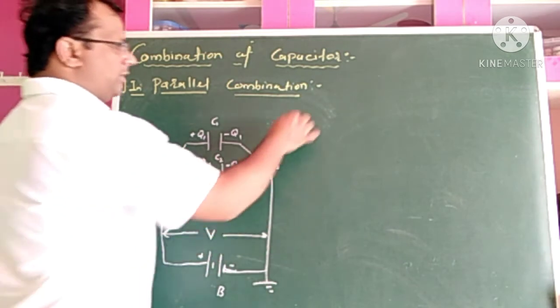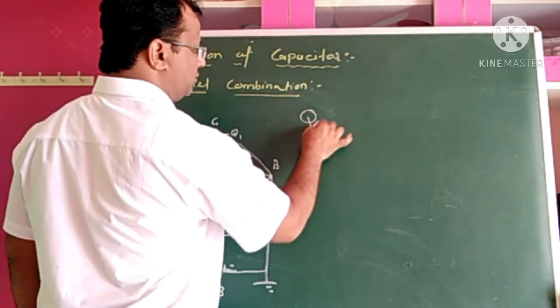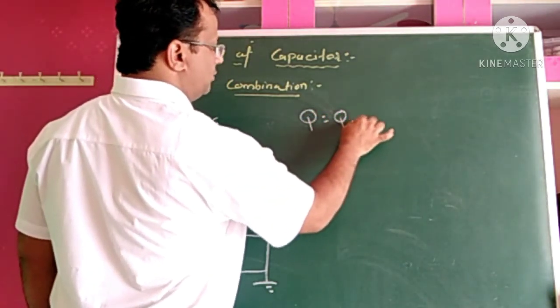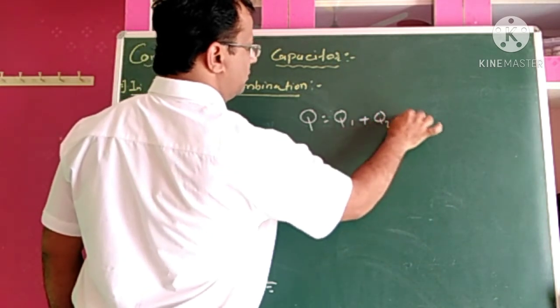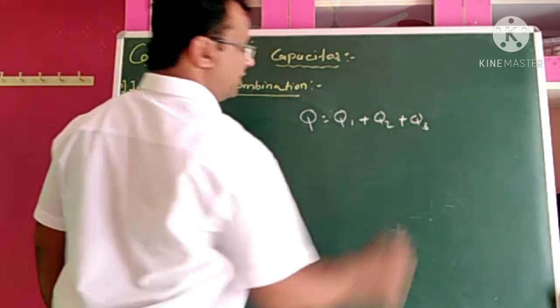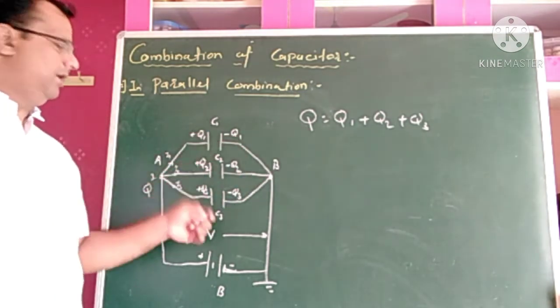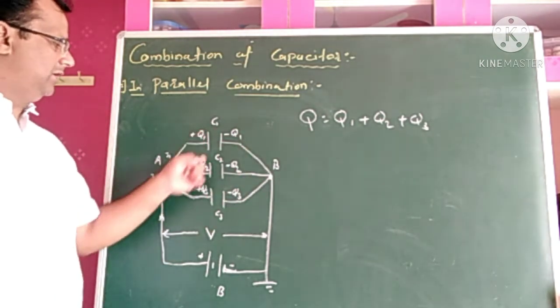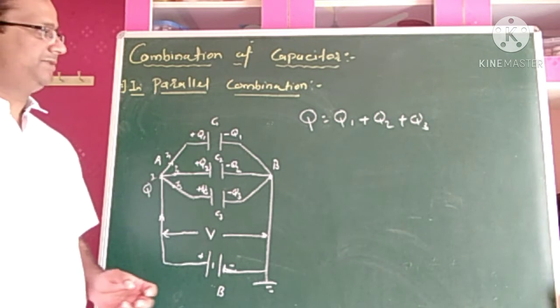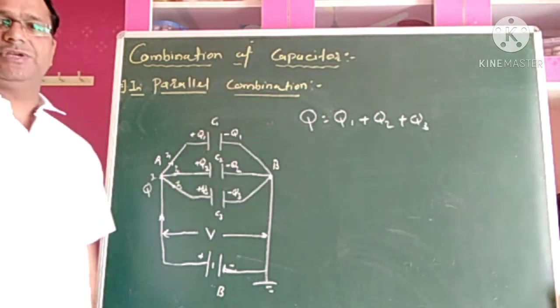So the total charge Q is equal to Q1 plus Q2 plus Q3. It means that the charges are divided in a three-way, on the three capacitors. So the total charge is Q.